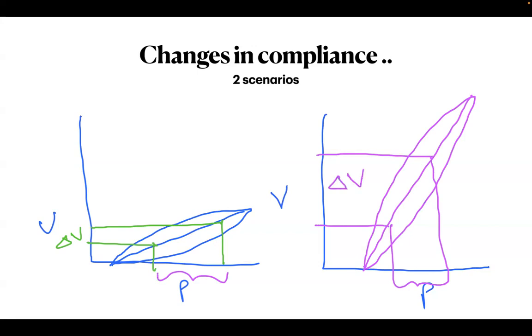So the slope of the second graph, delta V by delta P, the compliance, is going to be much higher than the first situation where delta V by delta P is extremely small. That's how you understand the compliance changes that can happen with various maneuvers that you use during therapy of a ventilated baby.